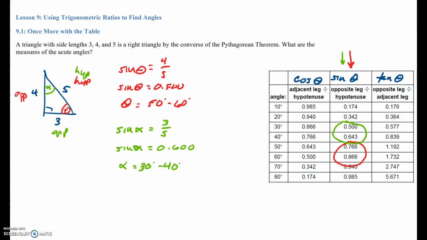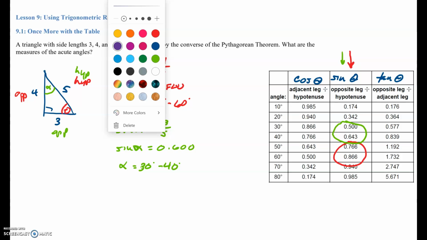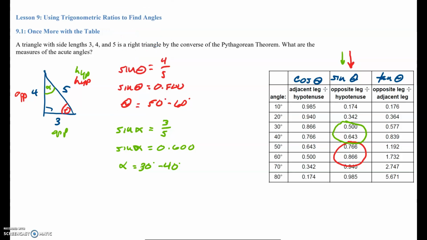Now notice, it doesn't matter whether I used sine, as I did here, or I could even use tangent, opposite leg divided by adjacent leg. So let's try tangent of theta. Now the opposite theta is 4. The adjacent theta is 3.